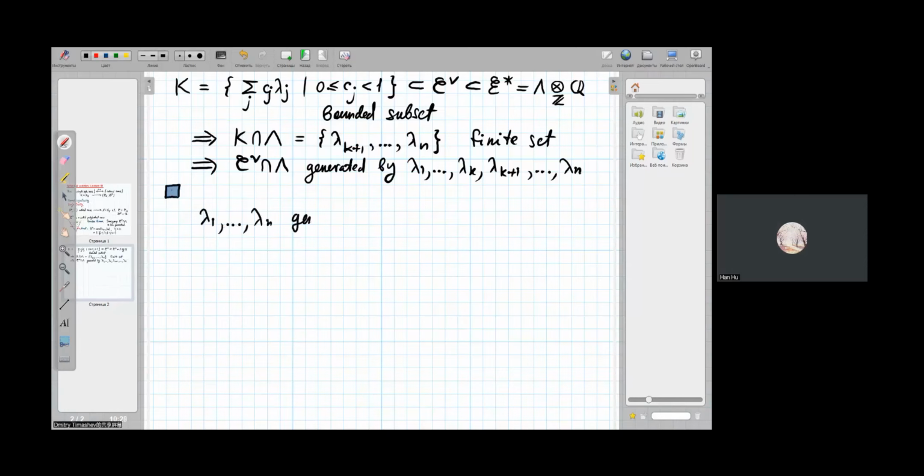These are the generators of C check intersect with lambda. And the respective semi-invariant functions f lambda 1, etc., f lambda n, semi-invariant rational functions on the spherical homogeneous space Y naught, whose embedding we have to construct.